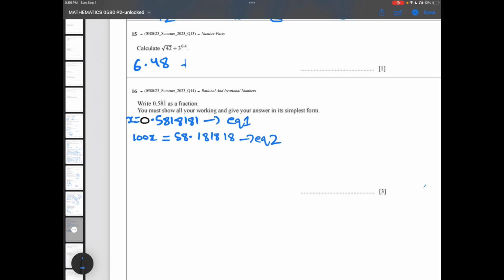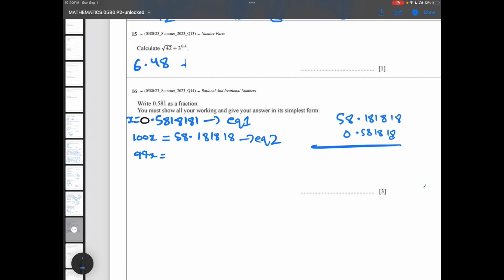So 100x minus x is 99x. This is equal to, now I will write 58.181818 minus 0.5818181. We see that 1 and 8 are upside down to each other.